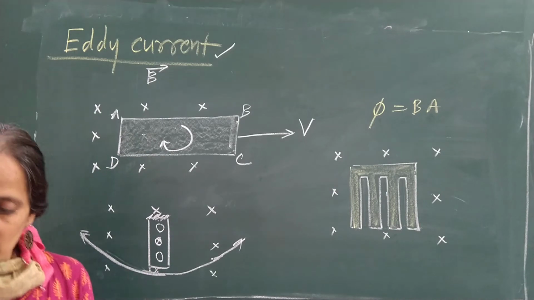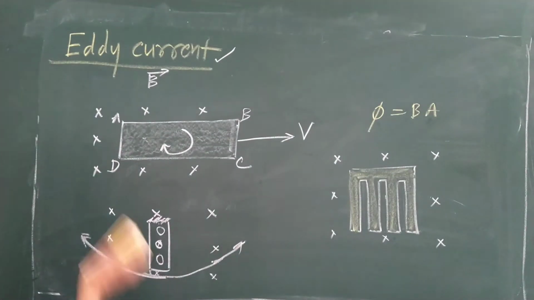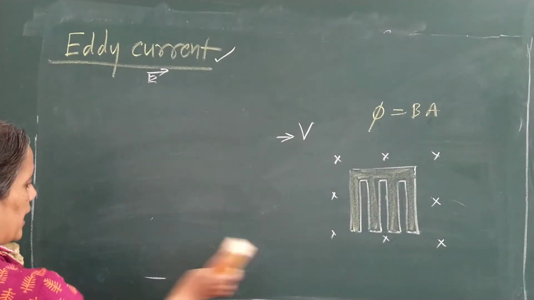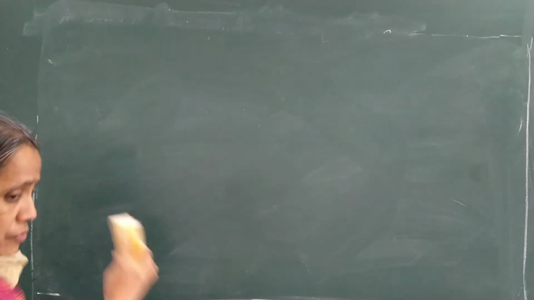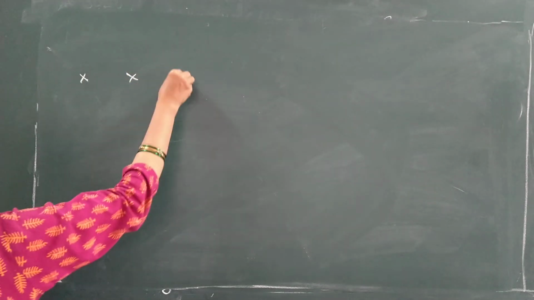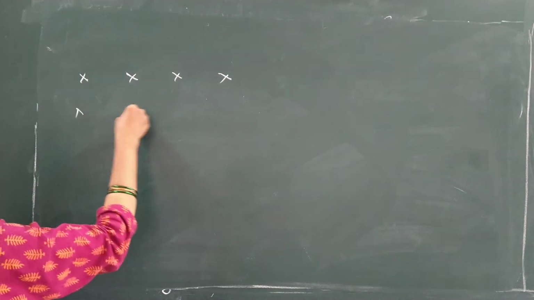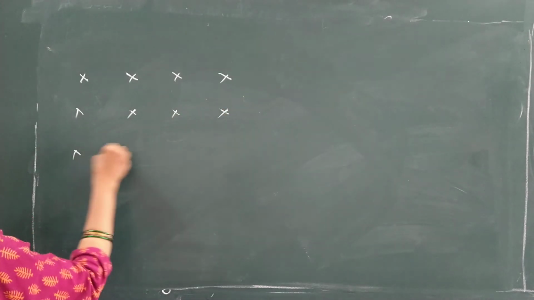Now, in the same lecture, I am going to introduce one more term, that is, a uniform magnetic field. Here I can show this is my uniform magnetic field, whose direction is perpendicular to the plane of paper.